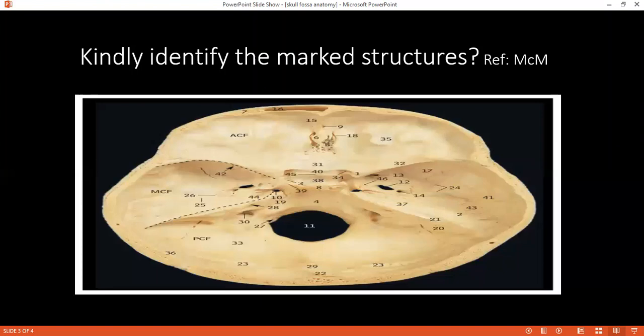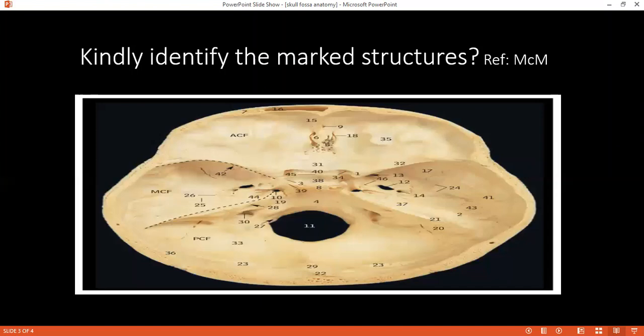Yes, we have the transverse sinus, the occipital sinus, and the straight sinus forming the confluence at the internal occipital protuberance. Then the transverse sinus drains into the sigmoid sinus, and then finally into the internal jugular vein. We also have the superior petrosal and inferior petrosal sinus.